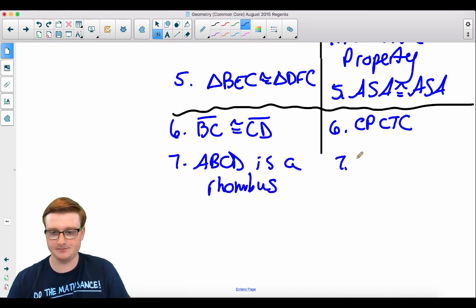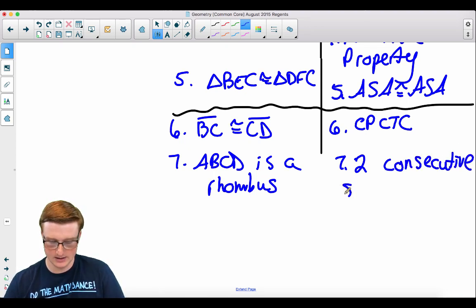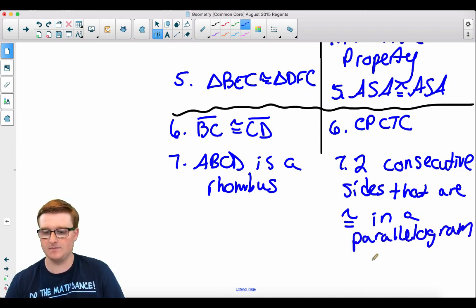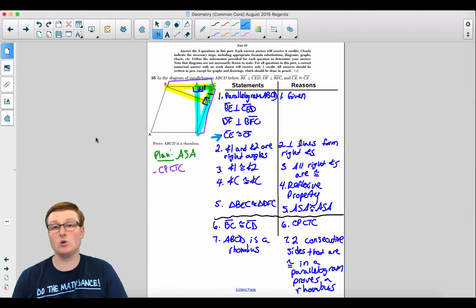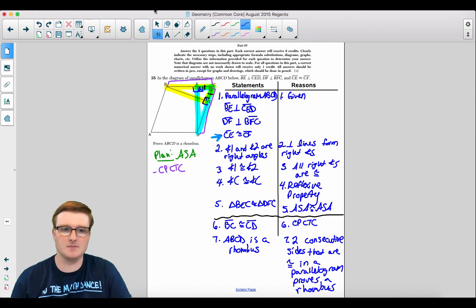And your reason is, two consecutive, meaning next to each other, two consecutive sides that are congruent in a parallelogram proves a rhombus. And that, ladies and gentlemen, is your proof. We just proved this to be a rhombus because if you have two adjacent or consecutive sides that are congruent, it has to be a rhombus.